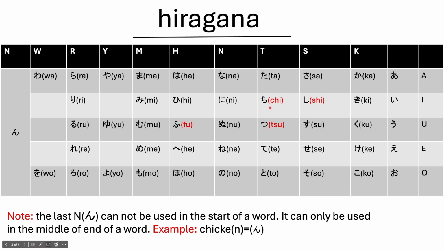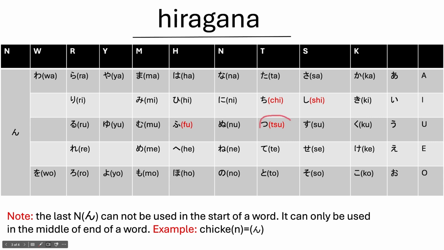The same goes for T plus I, supposed to be ti, but it doesn't turn into ti, it turns into chi. And T plus U is supposed to be tu, but it doesn't sound like tu, it sounds like tsu.